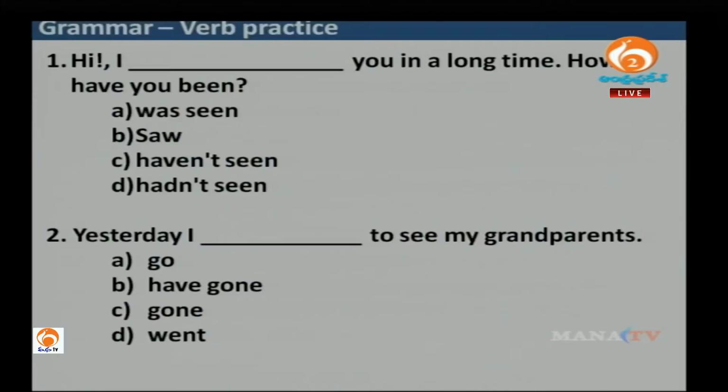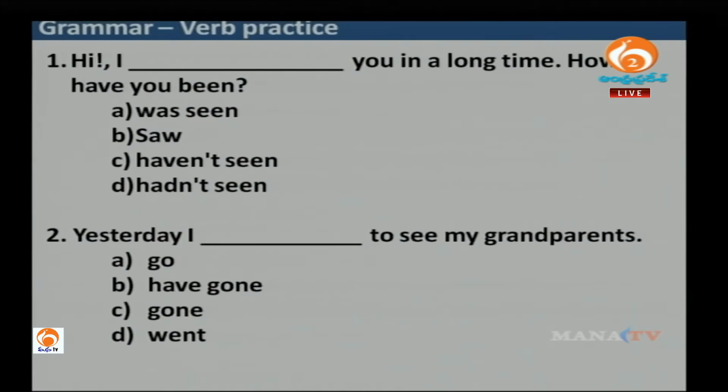Question number 2. Yesterday, I dash to see my grandparents. Yesterday, I go. Yesterday, I have gone. Yesterday, I gone. Yesterday, I went. Please read, understand, and respond. The question stem starts with past tense.